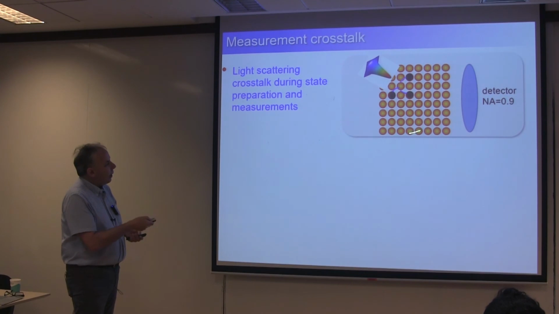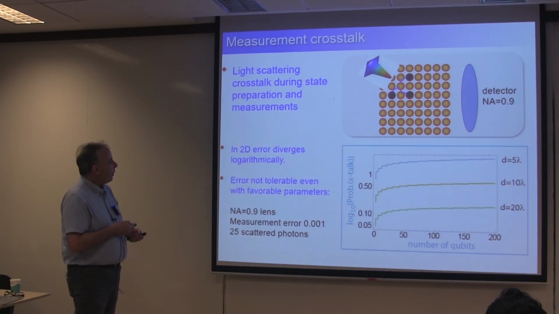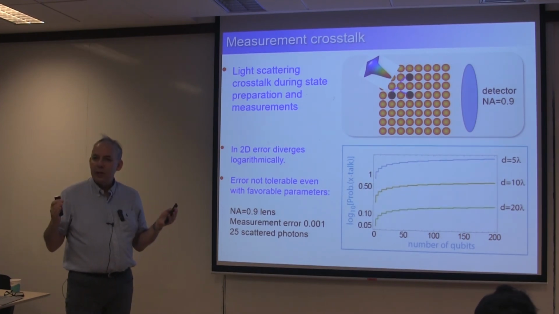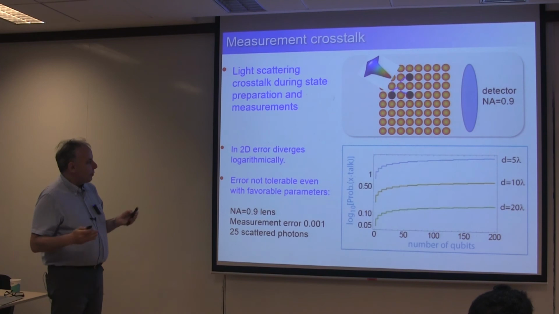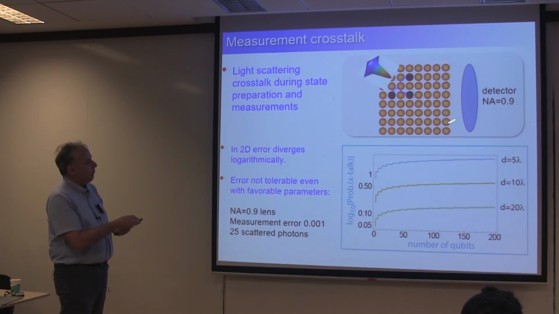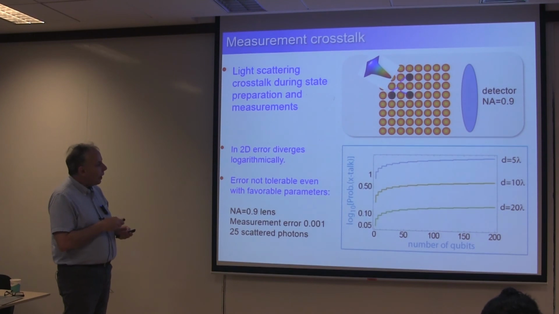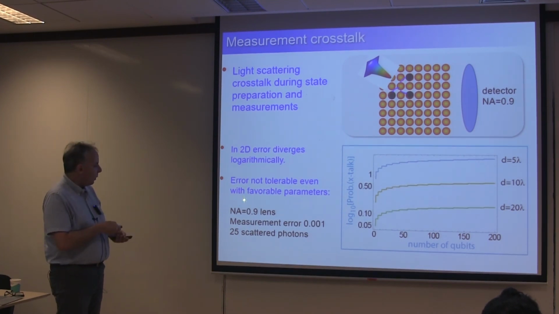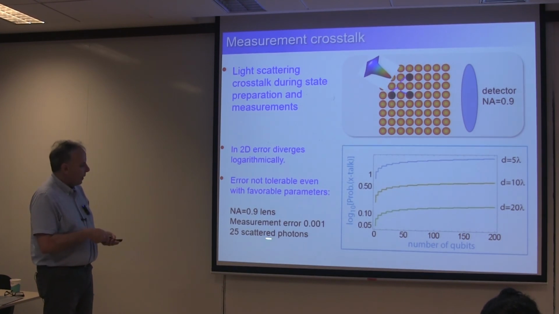And if I integrate over a 2D array, that error rate is going to diverge logarithmically in 2D. I have lambda squared cross-section, I have surface of my sphere is 1 over r squared, I have 2 pi r surface area, so I get a logarithmic divergence. And that error is not tolerable even for very favorable parameters of a fast lens and not too many scattered photons.